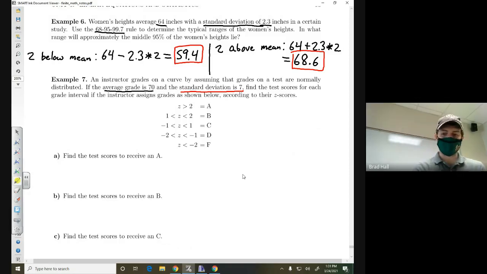So let's start off with what makes a grade an A. A grade is an A grade if the z-score for that grade is greater than 2. So that means we need to find the score that corresponds to a z-score of 2, because we need to know what's larger than that value.